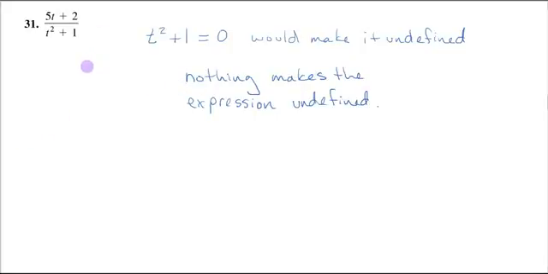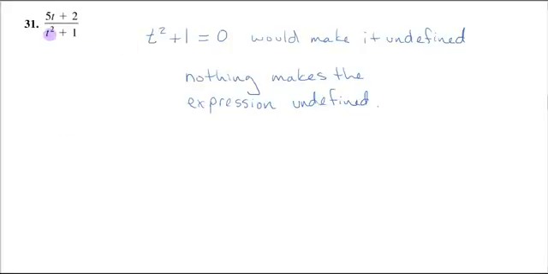All right, so if we look at this, let's say that we let t equal 0. If we let t equal 0, 0 squared is 0 plus 1 is 1. So a t value of 0 makes the denominator 1. That's not undefined. Let's say if we tried something like putting a negative 1 in there. A negative 1 squared plus 1 is 1 plus 1, which is 2. That's not 0. So apparently, a negative 1 is not a problem either. It's okay to let t equal negative 1 here. Same with 1.